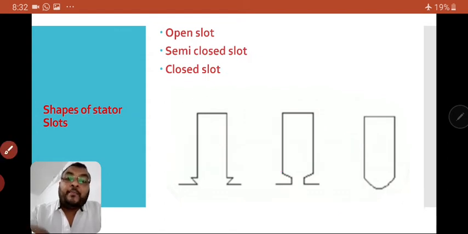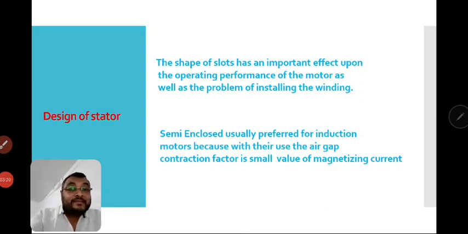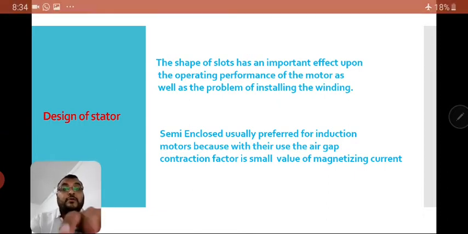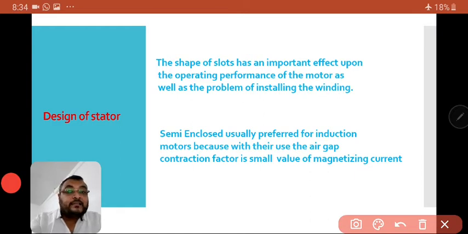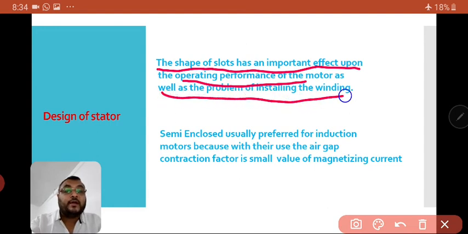Next we will see some of the important statements regarding the shape of stator slots. The first statement says that the shape of slots has an important effect upon the operating performance of the motor as well as the problem of installing the winding.